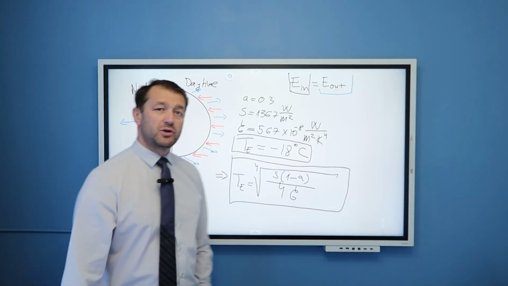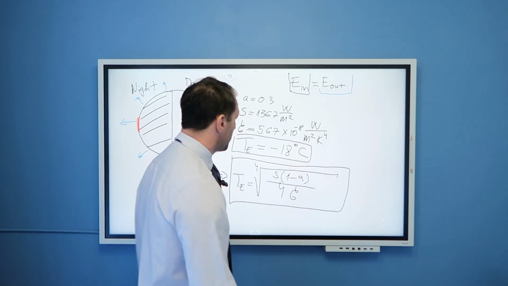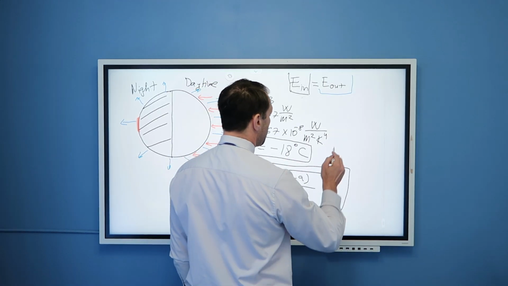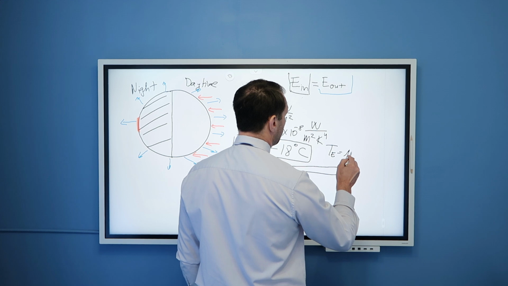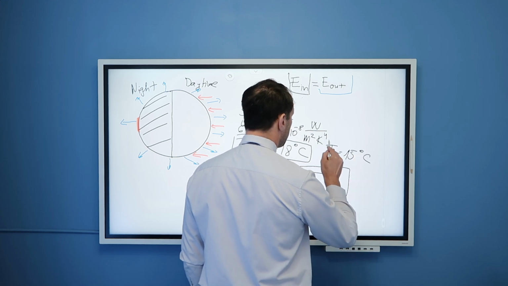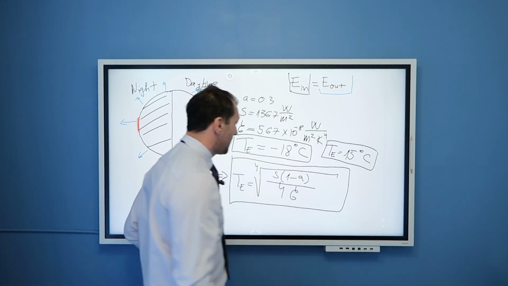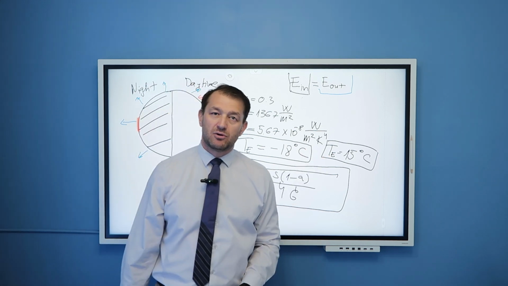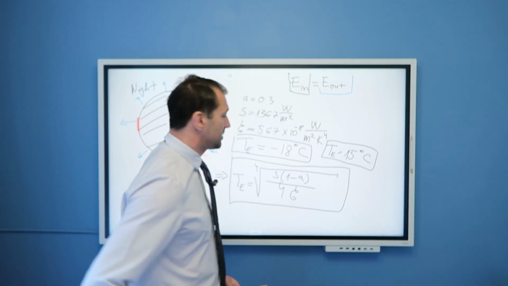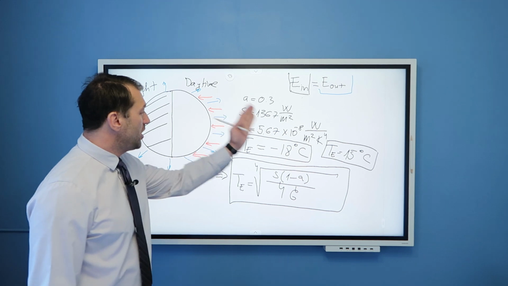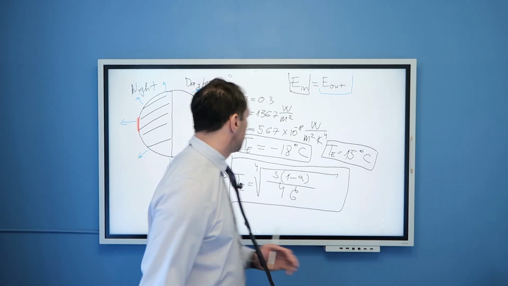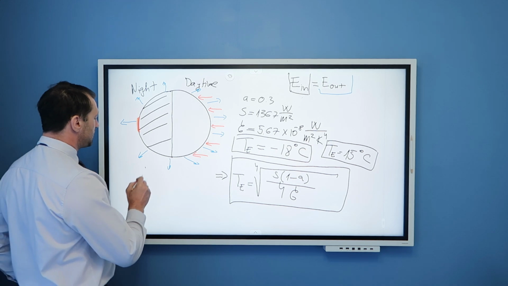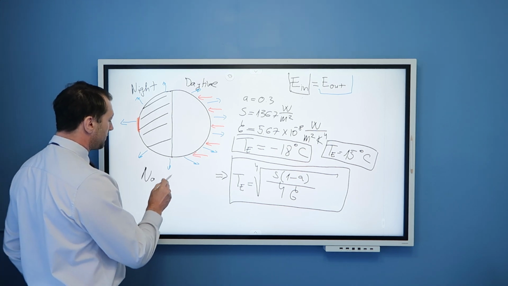But something is wrong here. Something is wrong here, because we know that average temperature of our planet is actually about 15 degrees Celsius, positive 15 degrees Celsius. So we get a discrepancy of about 33 degrees Celsius. What did we do wrong? What we did wrong is that we assumed there is no atmosphere.